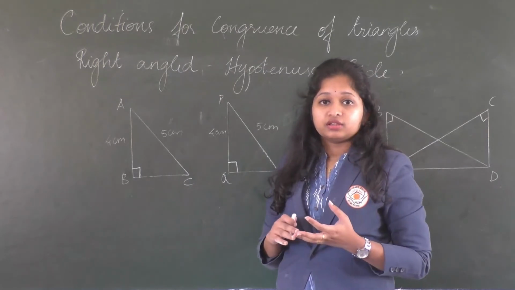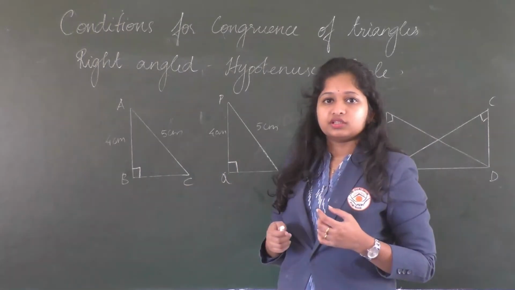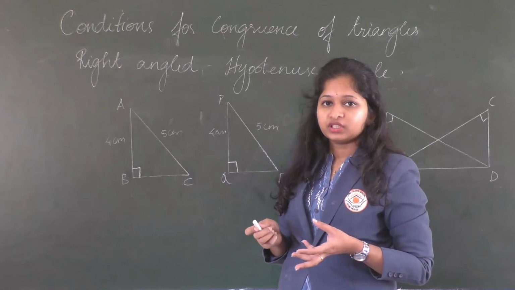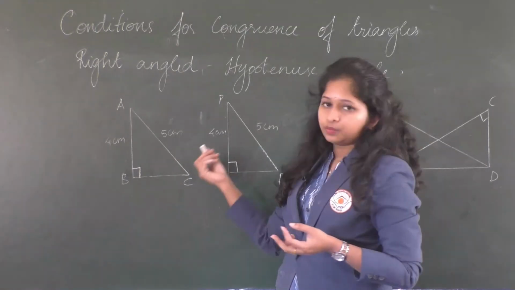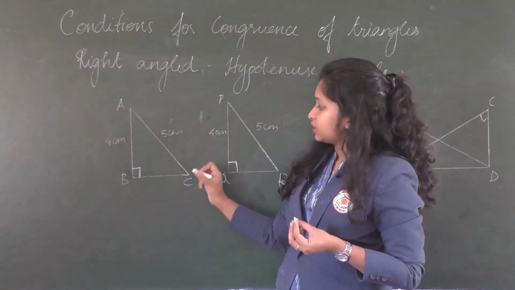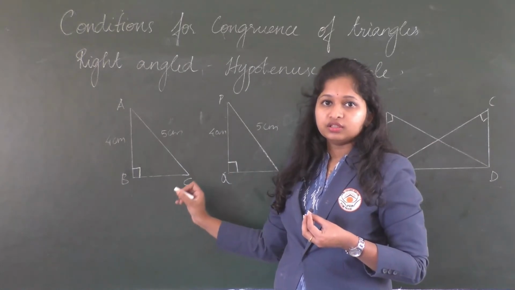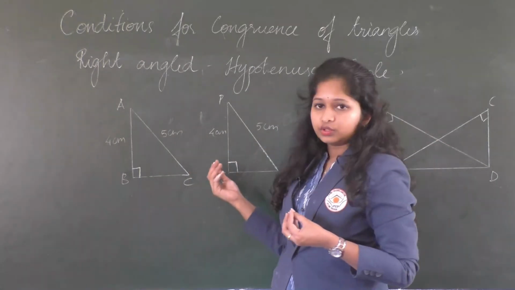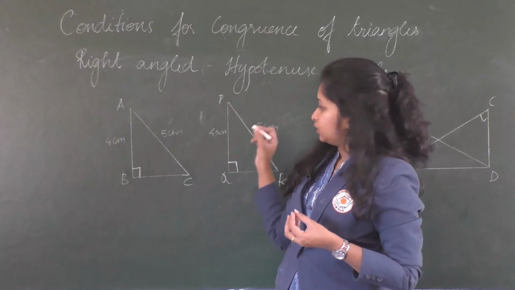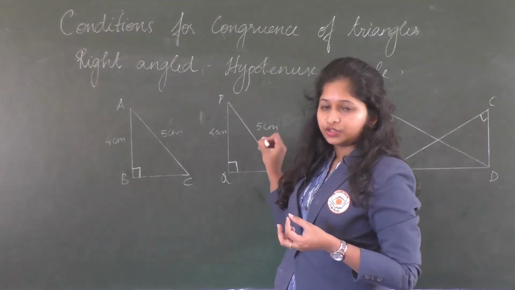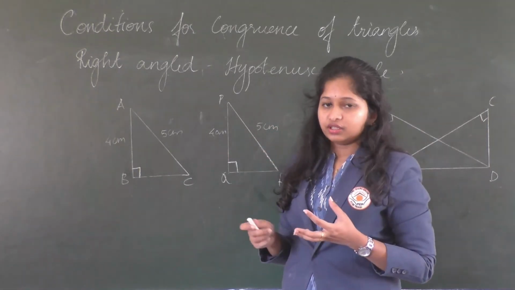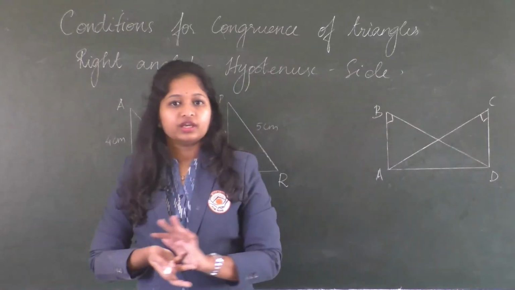So when can we tell that two right angle triangles are congruent? When the hypotenuse and a side of one triangle is congruent to the corresponding hypotenuse and side of the other triangle. It can be any side, okay, any side.